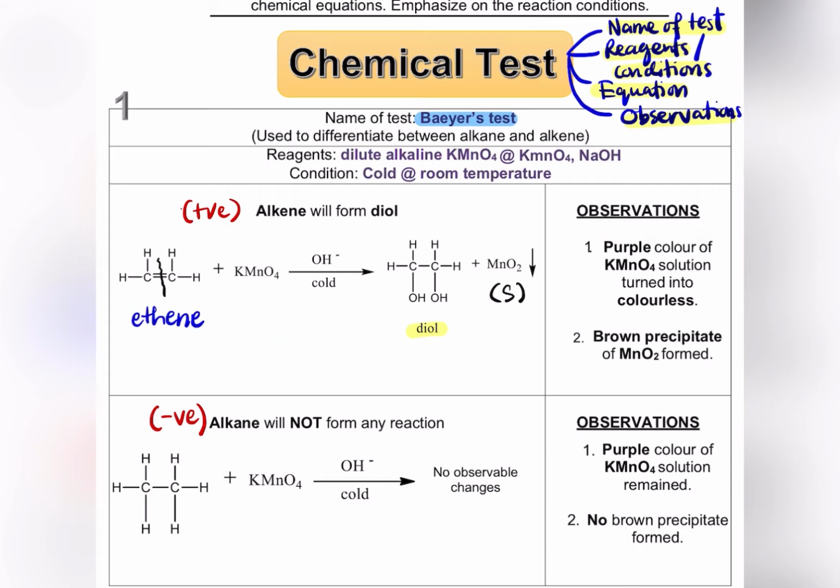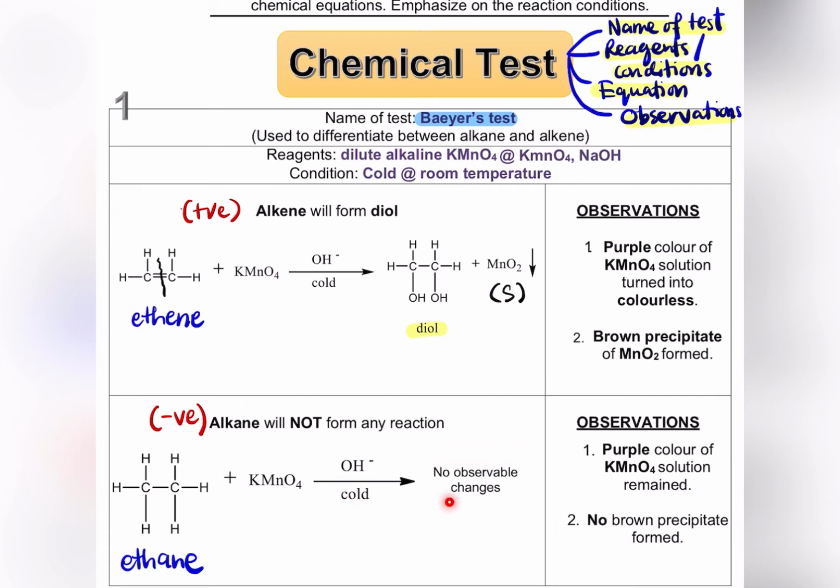Let's go to the negative result, alkane. Alkane will not form any reaction. However, you still have to put the chemical equation for them because there will be mark for that. So alkane that I use here is ethane. Ethane will react with KMnO4 and produce OH minus at the top of arrow and cold for your condition.